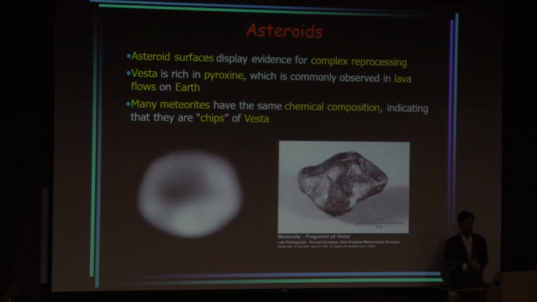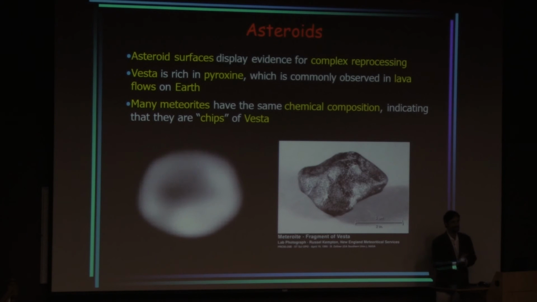So we know from spectroscopic observations of Vesta that it's rich in a material which represents geological reprocessing on Earth, and we call that pyroxene. It's very common in lava flows on Earth, so it's related with metamorphosis and reprocessing, high pressures and temperatures. That's the same material that we see in some of these asteroids that have landed on Earth.